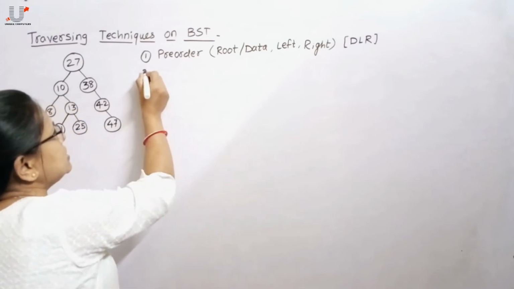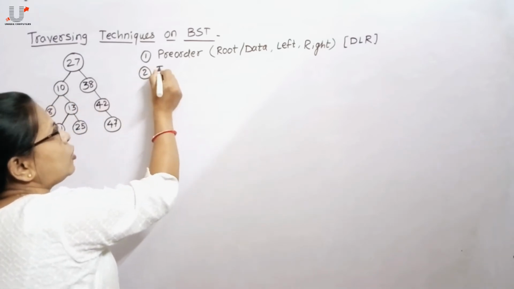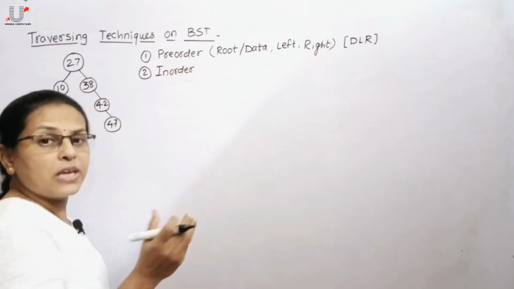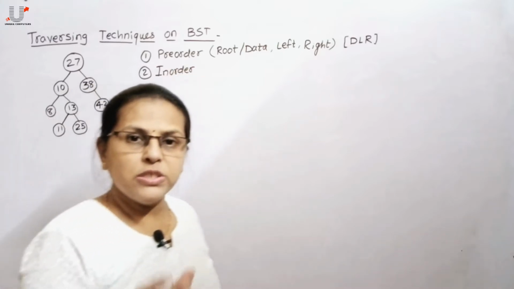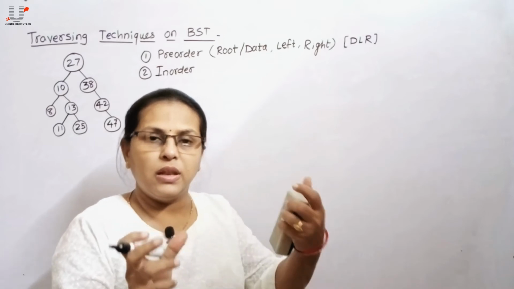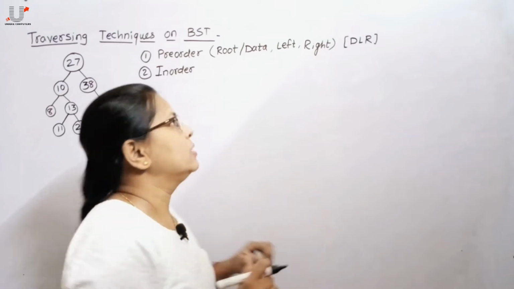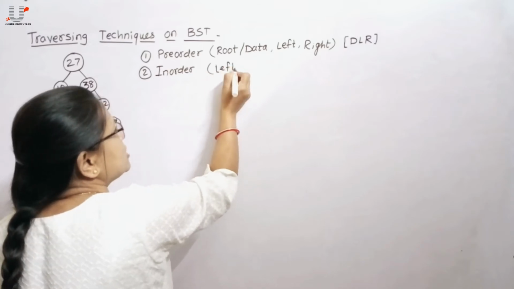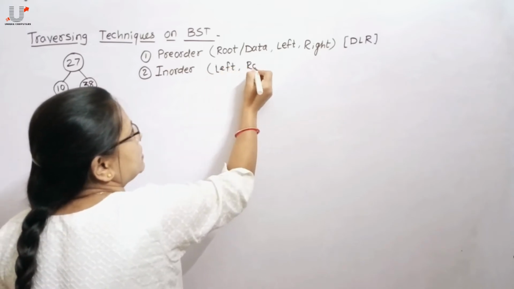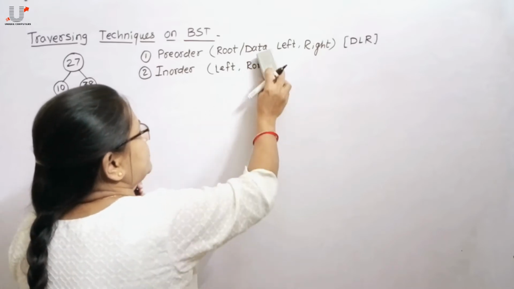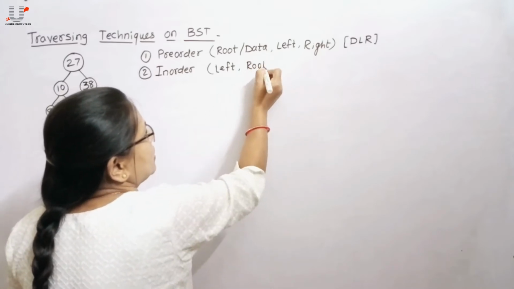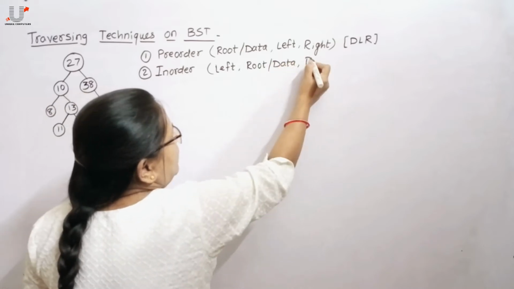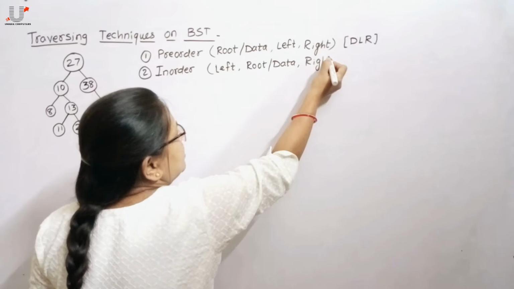The second one is in-order traversing. As the name suggests, in-order is one in which data lies between the left and right subtree. That means data gets processed after the left subtree and before the right subtree.